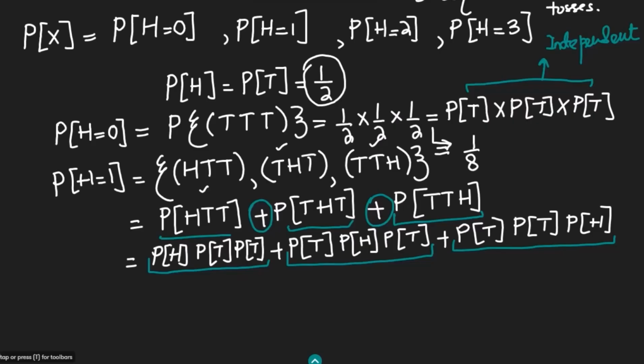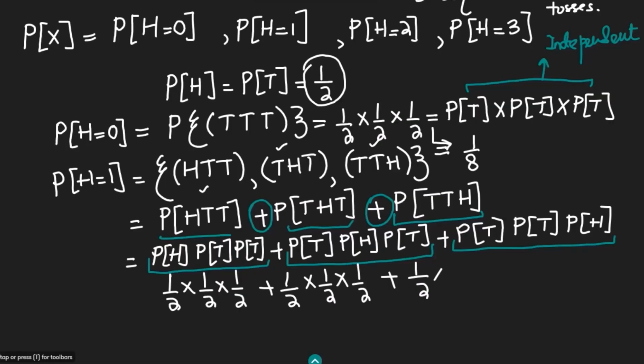So therefore 1 by 2 multiplied by 1 by 2 multiplied by 1 by 2, plus similarly here 1 by 2 multiplied by 1 by 2 multiplied by 1 by 2, and here as well.